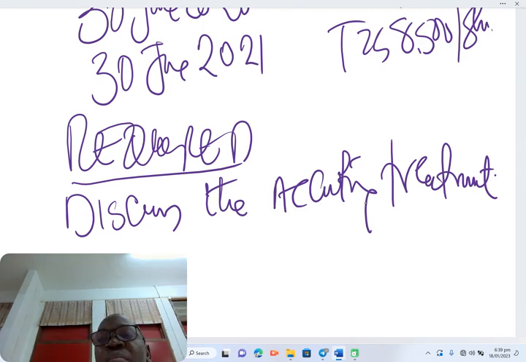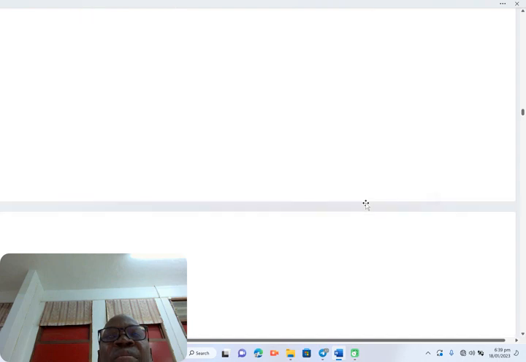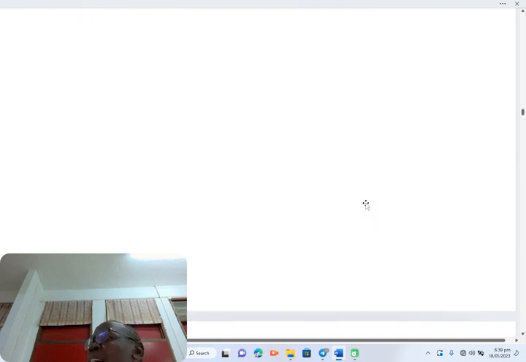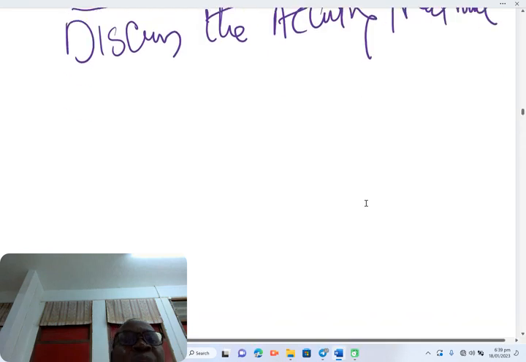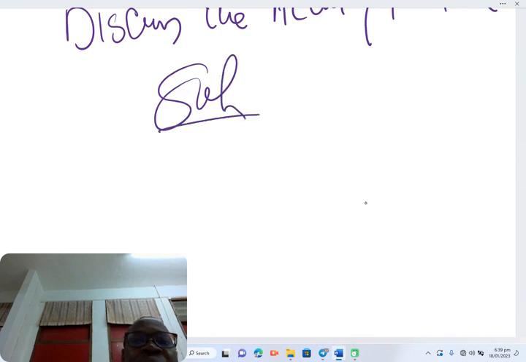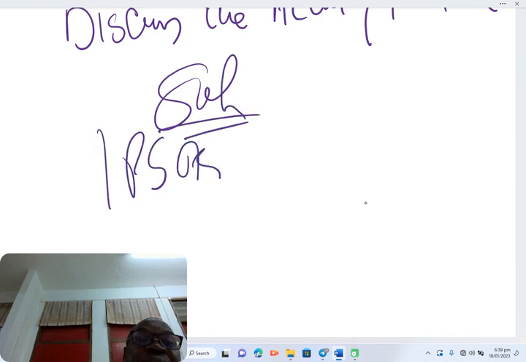Now let's go. A problem is, how do we account for initial recognition when shares are bought for strategic reasons? That's a very key issue. Very serious. Because we don't have shares in the statement of performance, but rather in the statement of net asset. So, solution. IPSAS 41 will prevail.